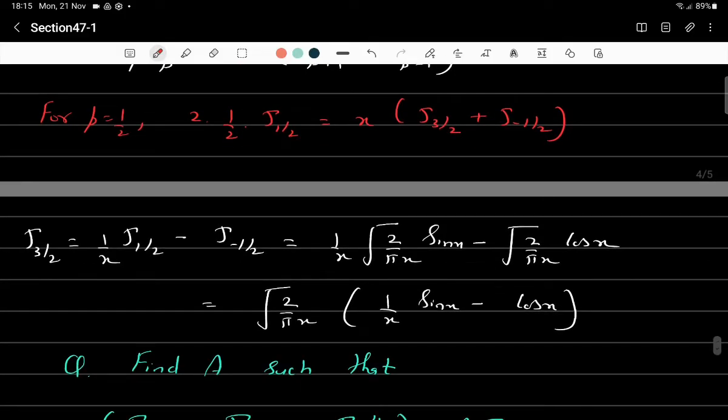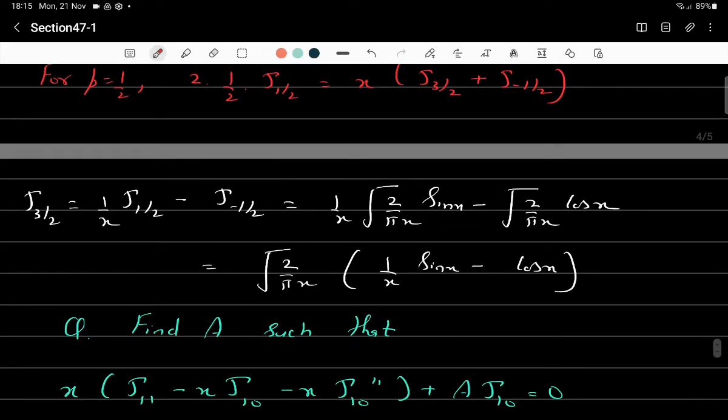So let's move to the last question, which says: find a such that x J11 minus x J10 minus x J10 double dash plus a J10 is equal to 0. There can be many ways.